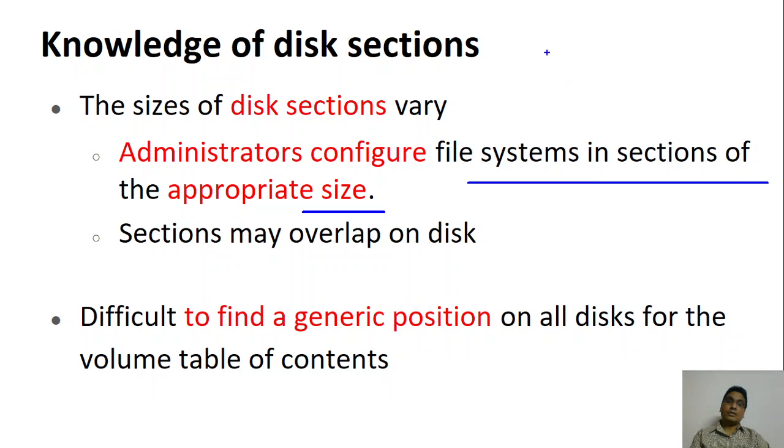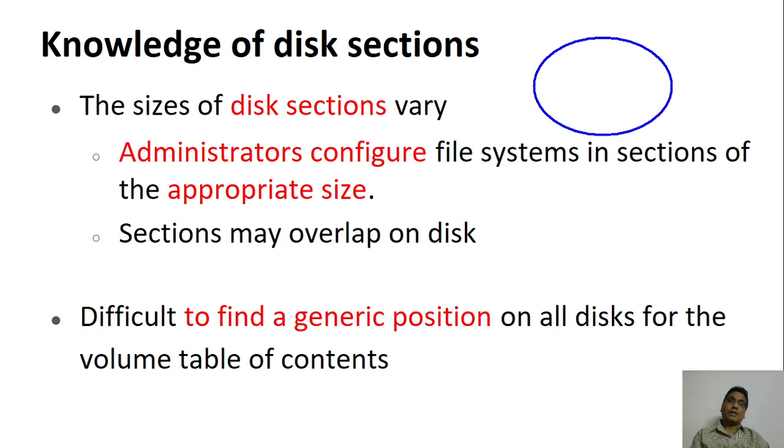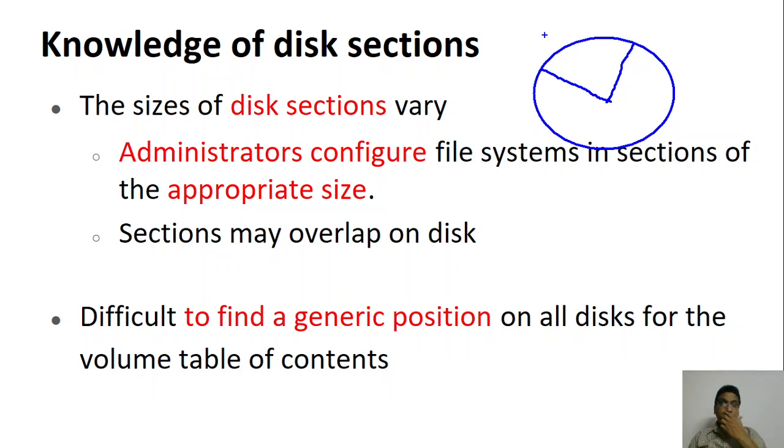If all the disks on earth are partitioned equally, then there is no problem. But now Unix is flexible, and it gives you a choice of partitioning your disk according to your requirement.